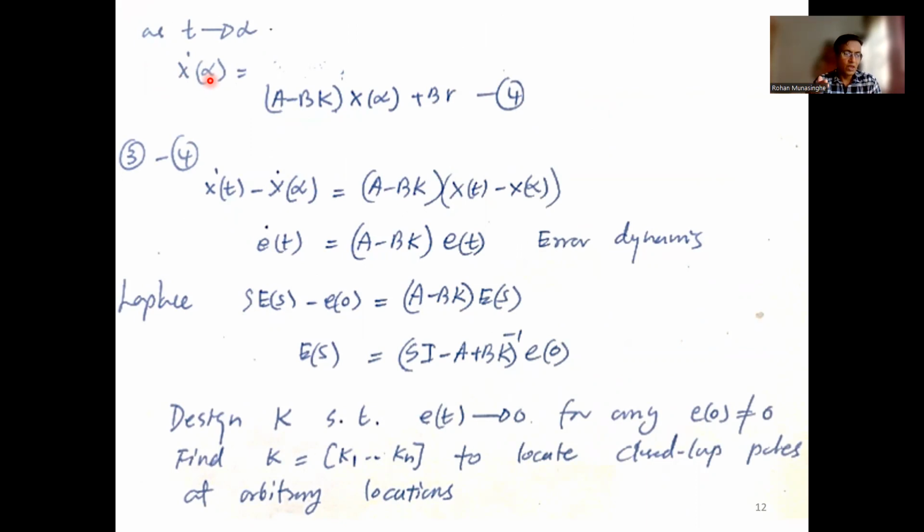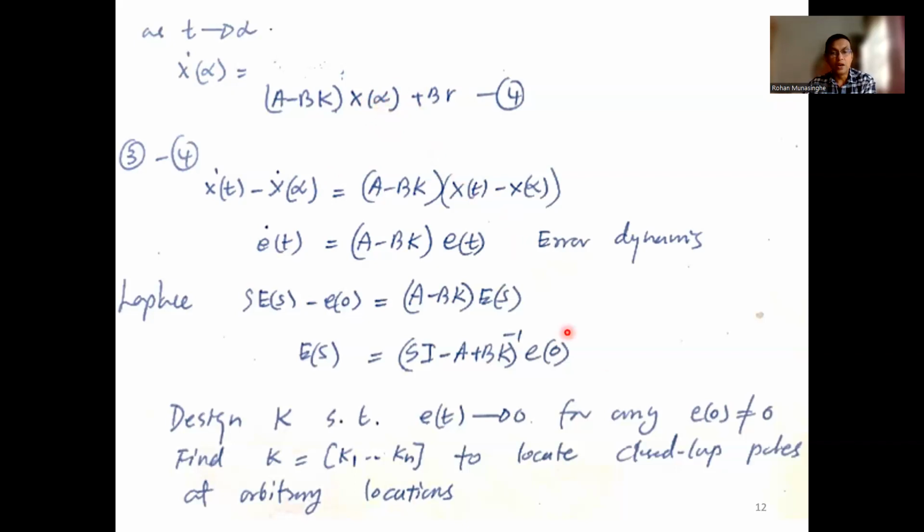So if you get the rate of change minus x dot infinity, it is actually the rate of change of error, like this, x dot t minus x dot infinity. And also on the right-hand side, you have x infinity, which is a fixed value where it settles within that sampling interval.